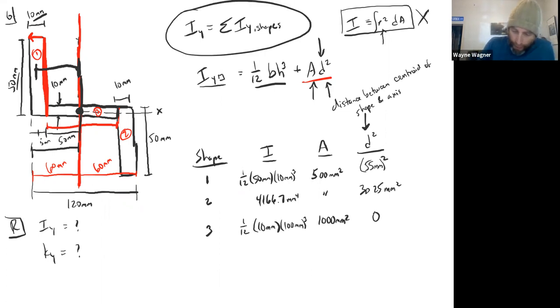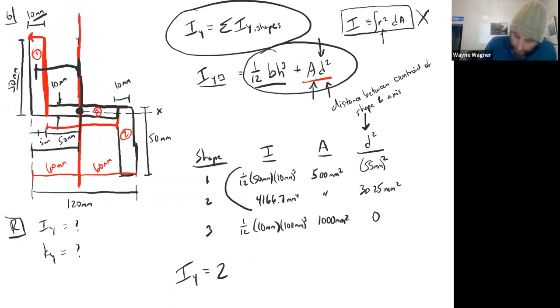The total I for this thing is going to be 2, because we got 2 of 1 and 2, and these are identical. So 2 times 4166.7 millimeters to the 4th, plus the area, which is 500 millimeters squared, times the radius squared, which is 3025 millimeters squared.